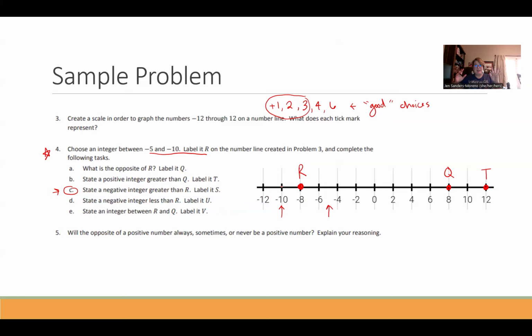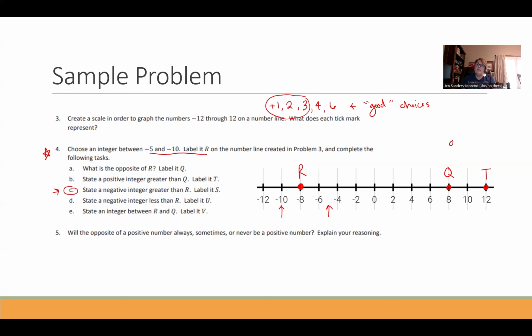And here's how I like to tell students how to think about it. So typically on positive numbers, they don't have to think twice. Remember, this is sixth grade. So when we did a positive integer greater than Q, everyone knows it's going to be something that's to the right over here.